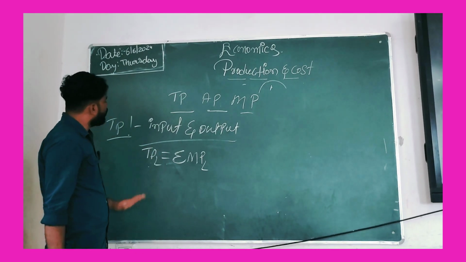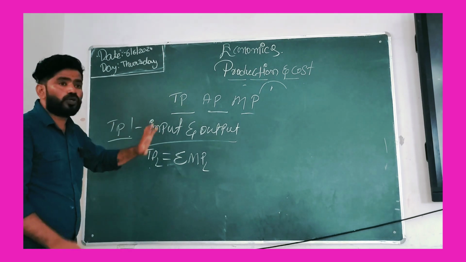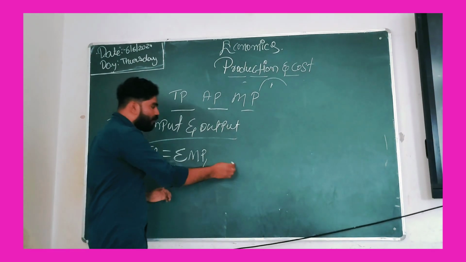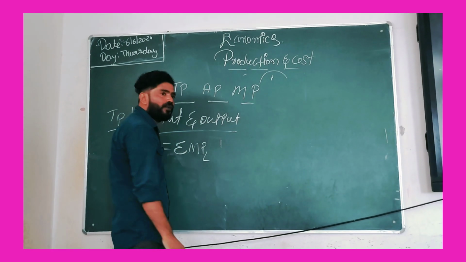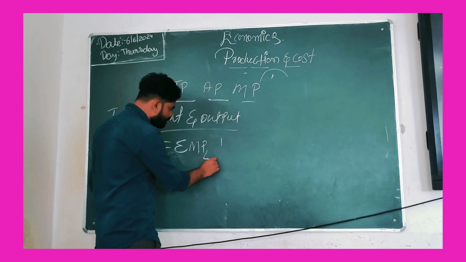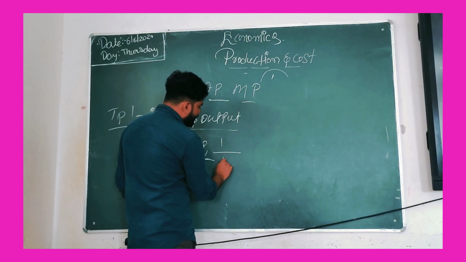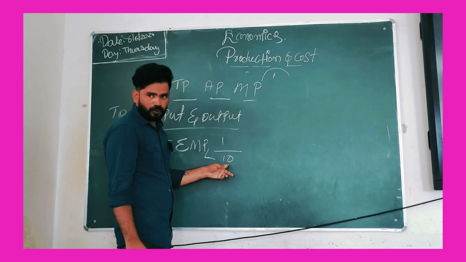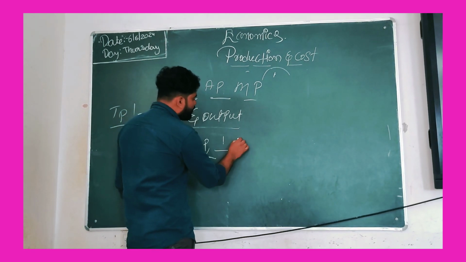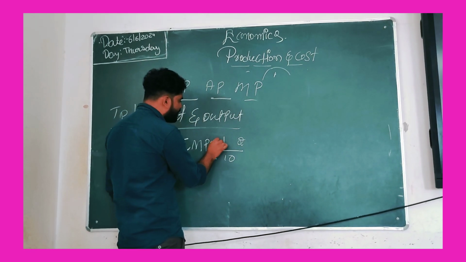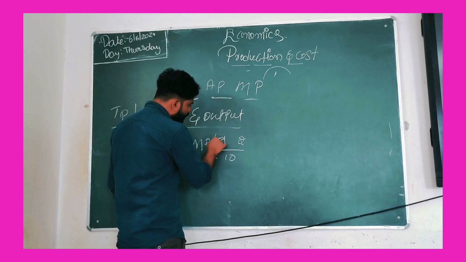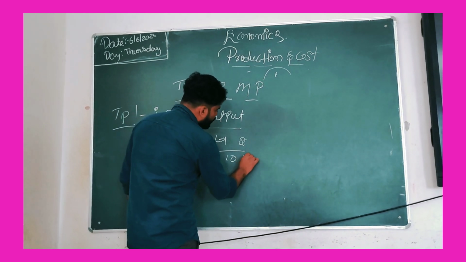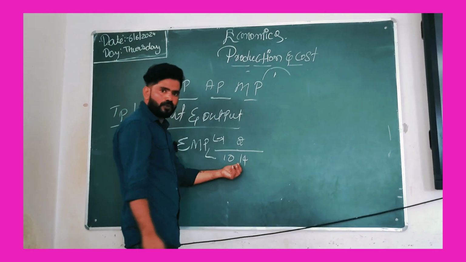This is a formula to find out total production. Suppose I am using one unit of labor and get 10 units of total output. If I am using 2 units of labor, I get 14 units of output.